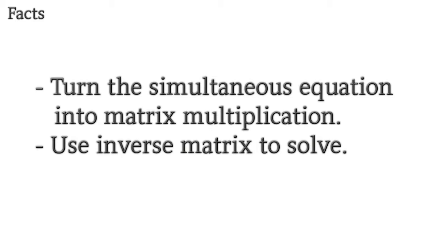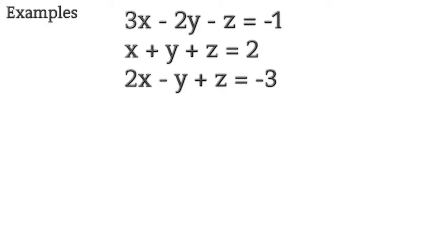When you turn that into matrix multiplication, you can use the inverse matrix to cancel out the matrix, just like you would do in division. So I'm going to show you how to do that with an example, and I'll give you some questions to carry on. Alright then, so we have this whole simultaneous equation mess.